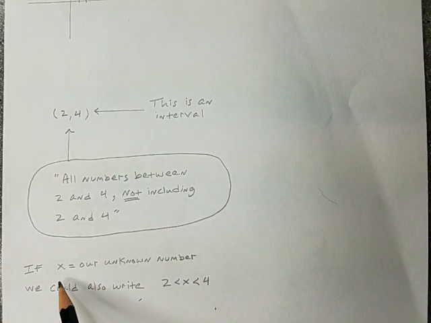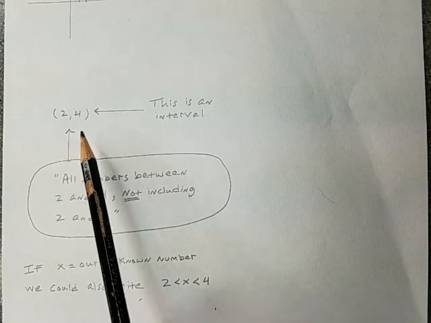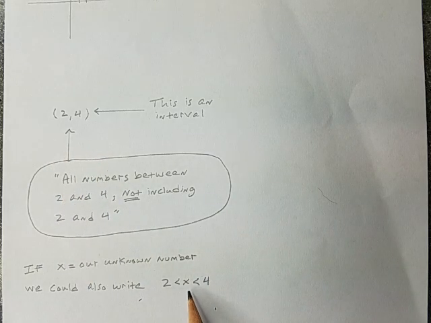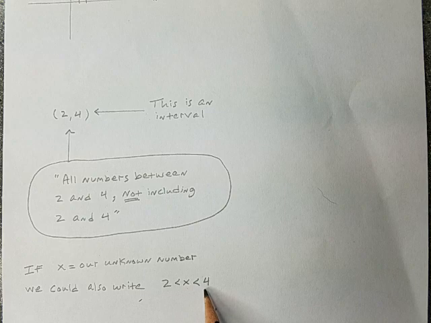Okay? Sometimes we can compare intervals to inequalities. So let's just say generically x is our unknown number, our unspecified number. We could also write that this interval is the same thing as saying that x is bigger than 2 and less than 4. It's between 2 and 4. But if I say x is less than 4, am I including 4?